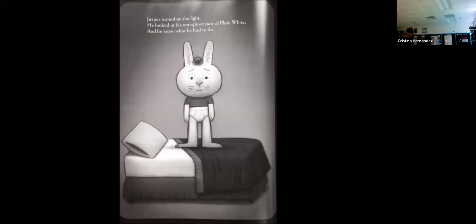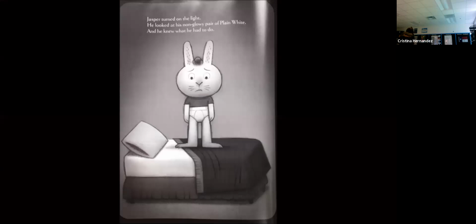Jasper turned on the light. He looked at his non-glowy pair of plain white, and he knew what he had to do. The creepy underwear were a little muddy, but they still filled the room with a gentle, greenish glow.